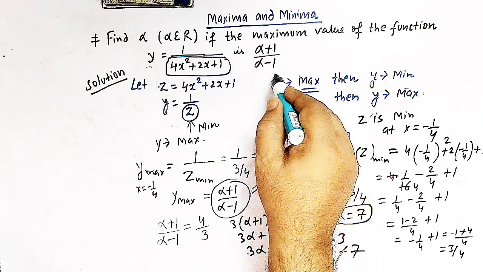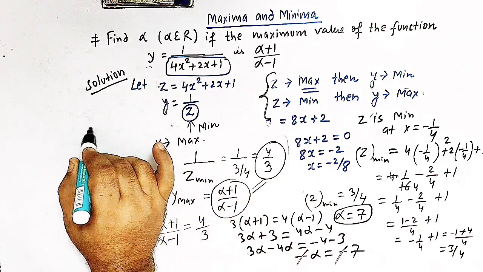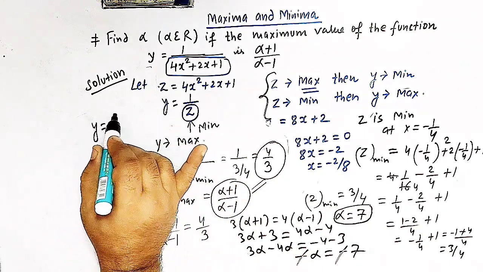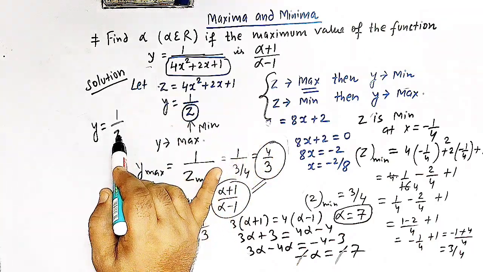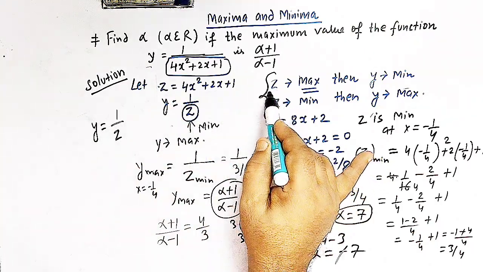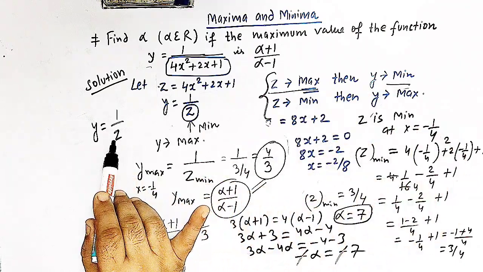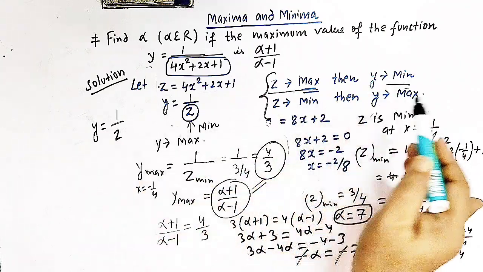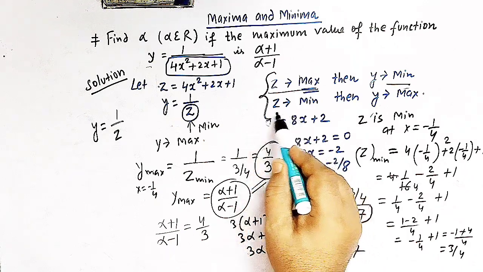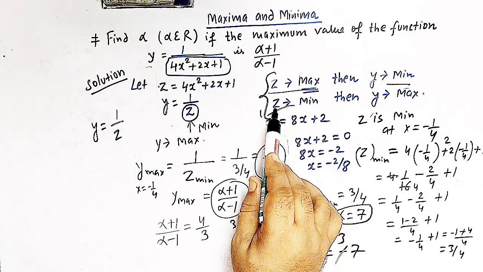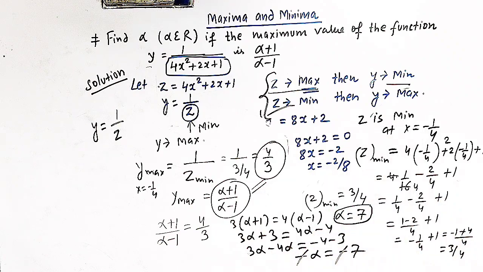And always remember, whenever we have a function, say y is equal to 1 over z, where z is some function of x, then if z is maximum, y is minimum, and when z is minimum, then y is maximum. So here we have the second case, because z is minimum at x equal to minus 1 by 4.